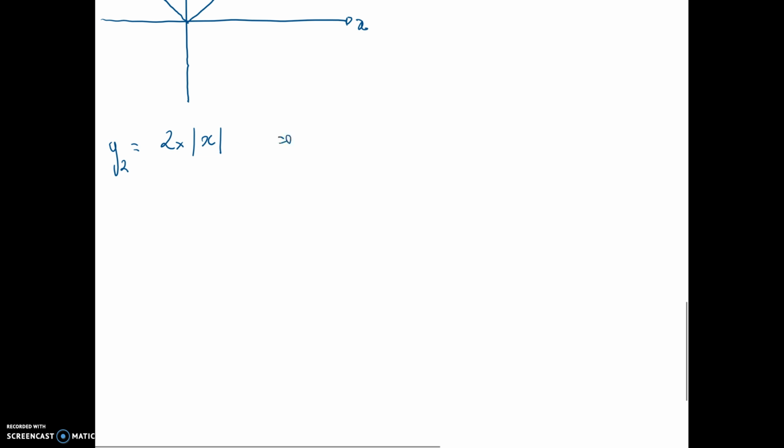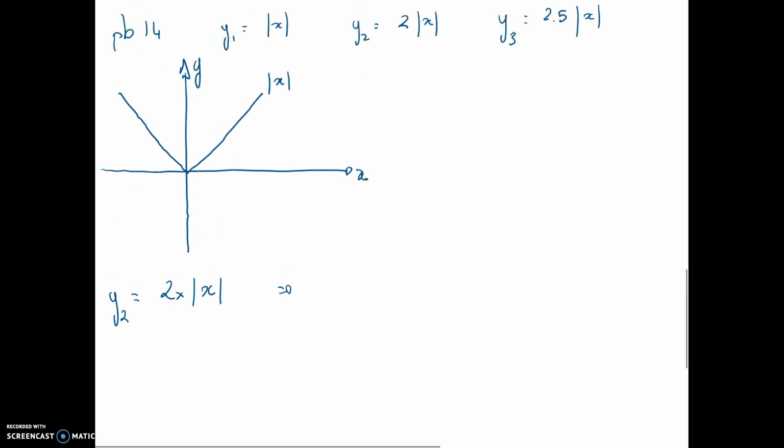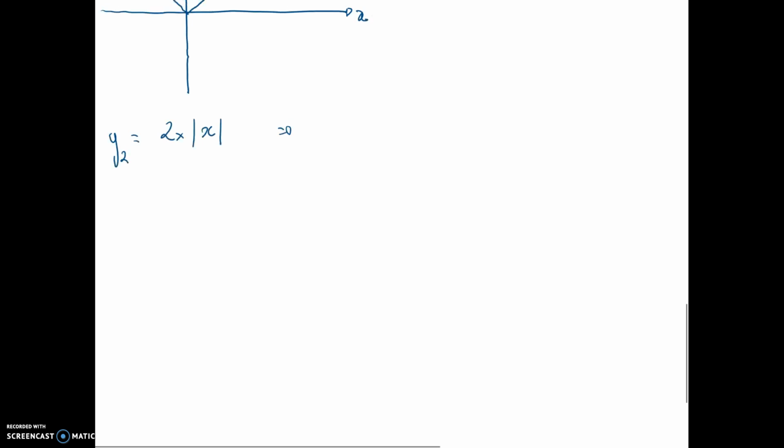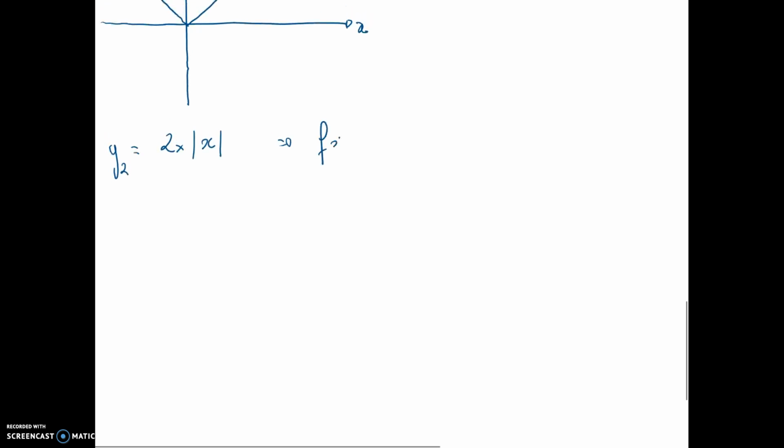That reminds me that if I call absolute value of x, y1, equal g of x, y2 is a function of x equal to 2 times g of x. And if it's equal to 2 times g of x, that reminds me, it looks like f of x equals c g of x, with a c greater than 1.